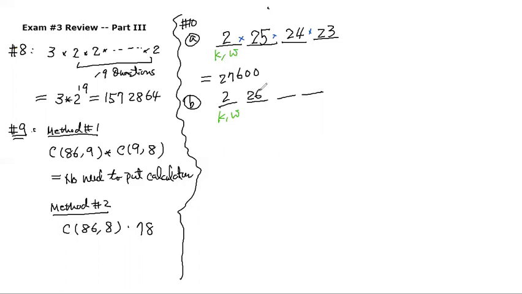I have 26, because it's repeatable. And then this is 26, right? So I can multiply them, and the total is 35152.